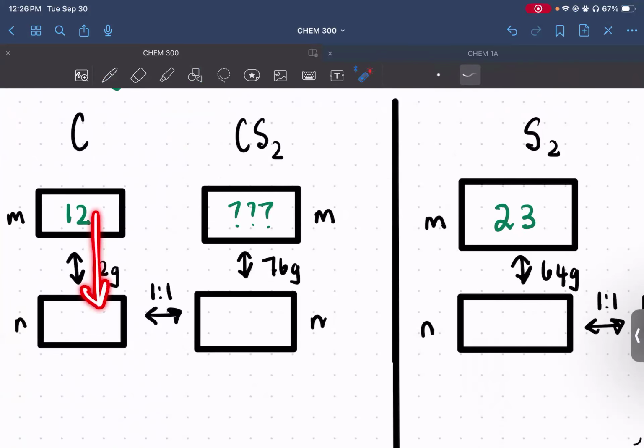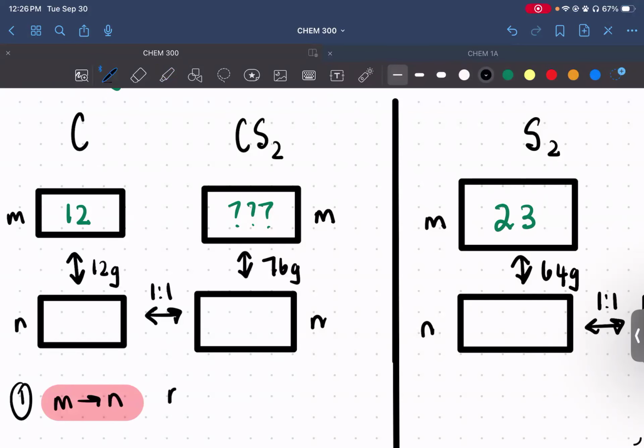The first thing we need is to go from mass to moles. Number of moles is equal to mass over molar mass. The mass we see here is 12 grams.